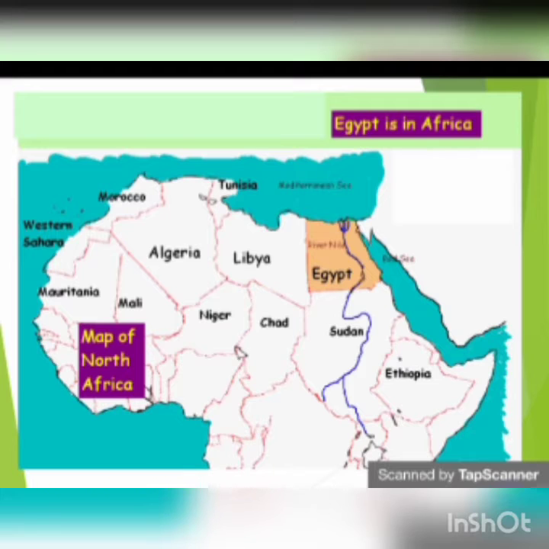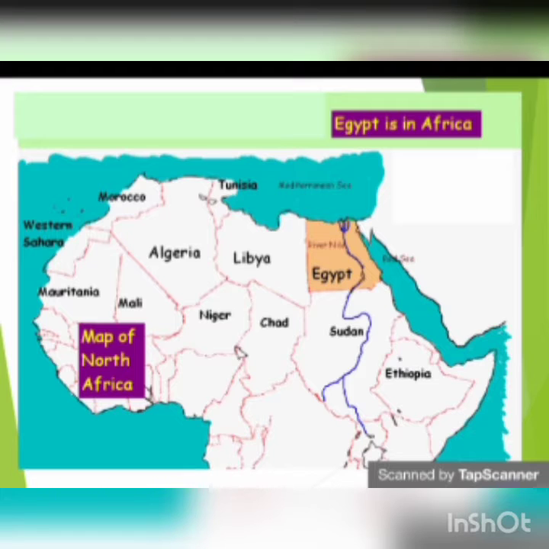Africa is a continent. See in this map, you can see this is a map of Africa. A lot of states are there. The Western Sahara Desert lies in the African continent. So Mauritania, then Mali, then Morocco, then Algeria, then Niger, Libya, Tunisia, Chad, then Sudan, Ethiopia, and also lies Egypt.